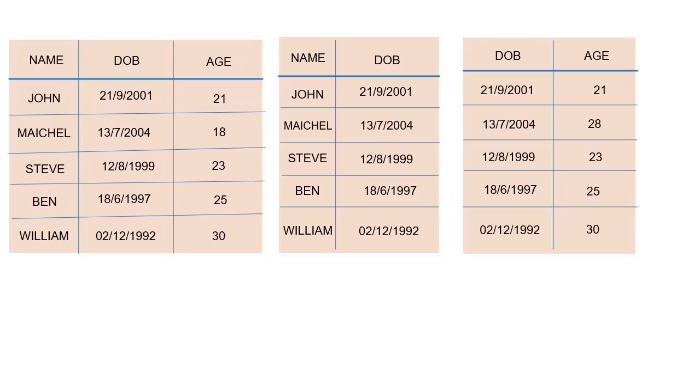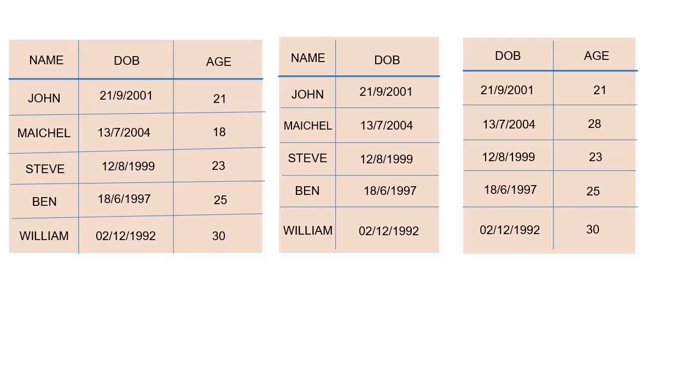But here the age is also dependent on another attribute called date of birth, which is a non-prime attribute, right? So the date of birth also can decide the age. So this particular table is not in third normal form, as a non-prime attribute age is dependent on another non-prime attribute date of birth.